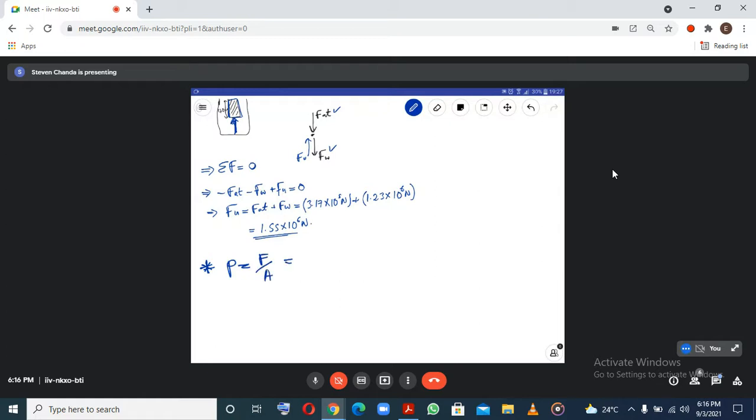We are talking about the water column. So first the force, which force are we using? The upward force, isn't it? Because we found the force, but we want to find what the pressure really is there. So the upward force, then the area, which is pi r squared. So we just plug in the values.